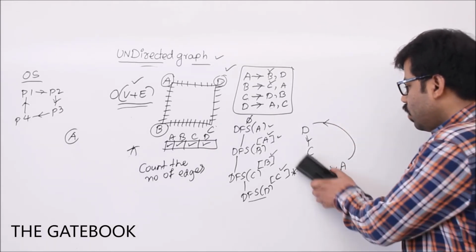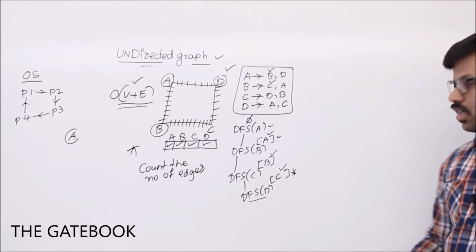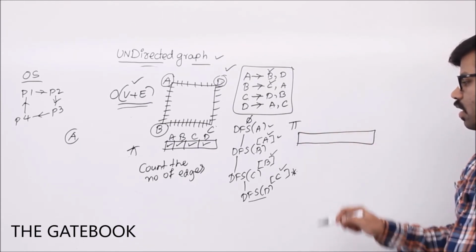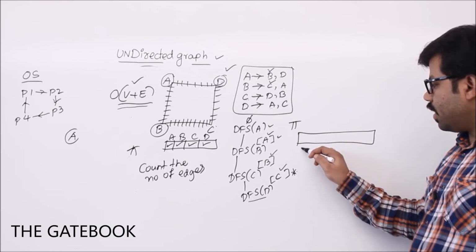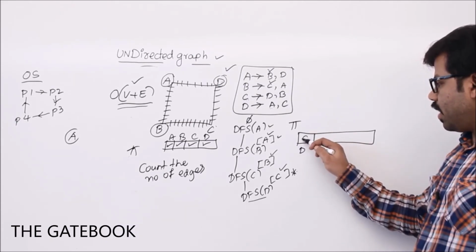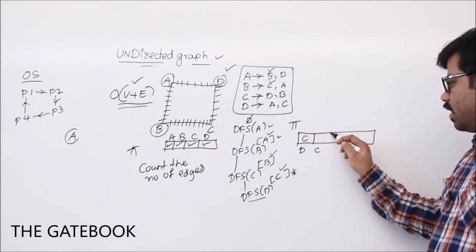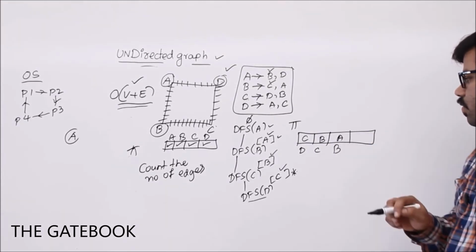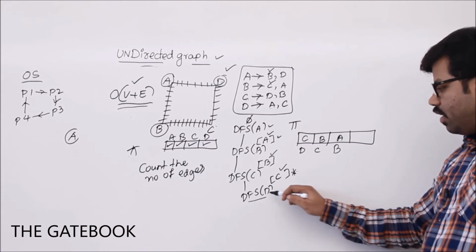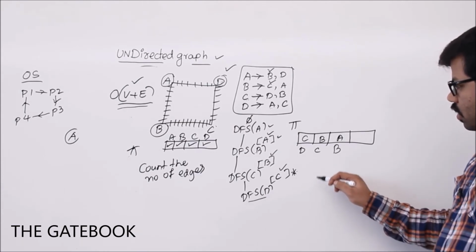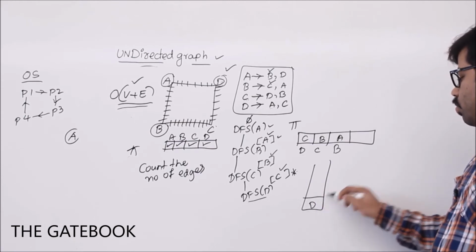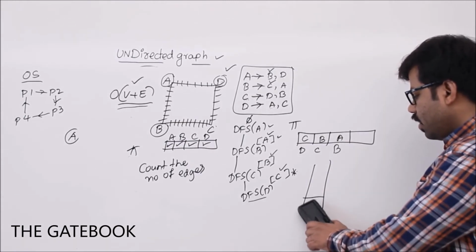So the simple idea to get this cycle back is accessing this pi matrix. Did you remember one thing? Already we know that D's parent is in the pi matrix: D's parent is C, C's parent is B, and B's parent is A, correct? Now when you identify the cycle at D, simply go to D and push the parent into the stack.